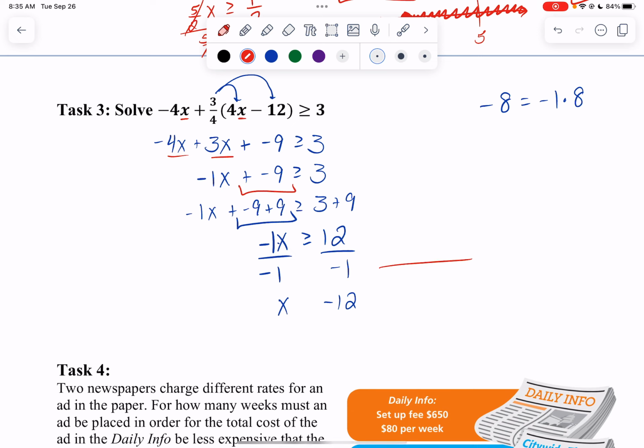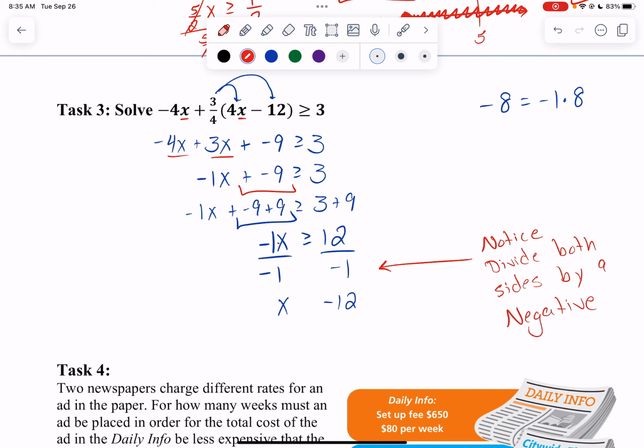But notice, I divided both sides by a negative. So at that point, my inequality has to flip because the side that was bigger is no longer bigger. So it now needs to become a less than or equal to.